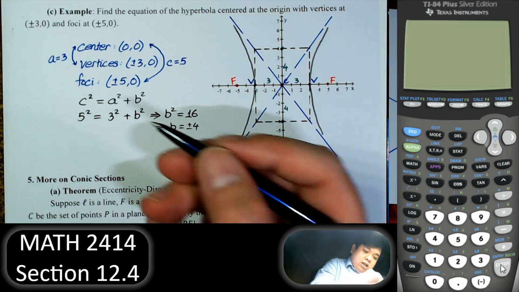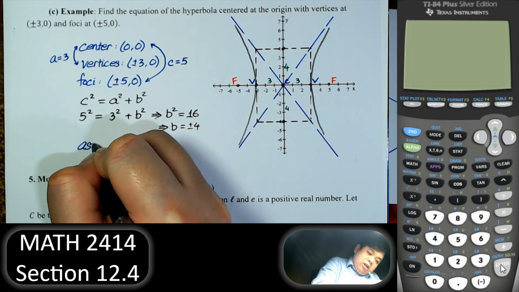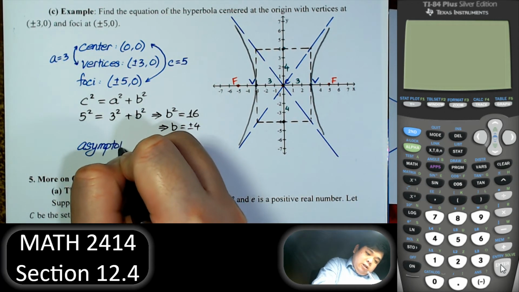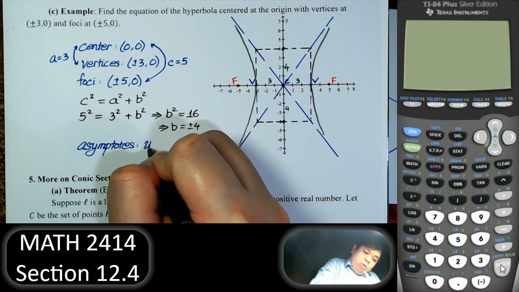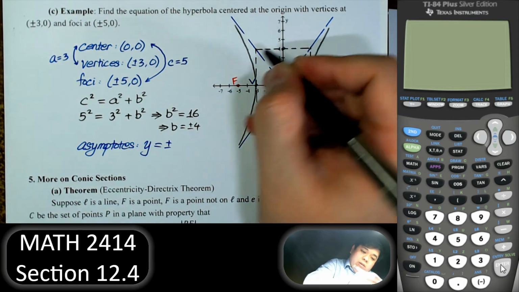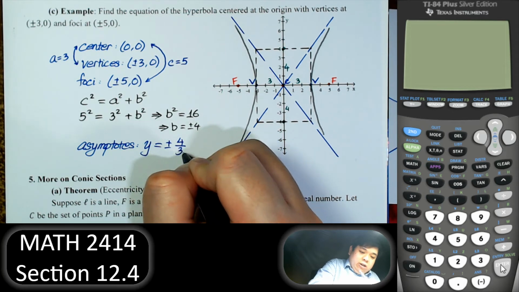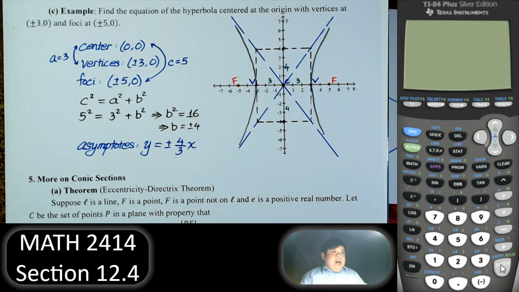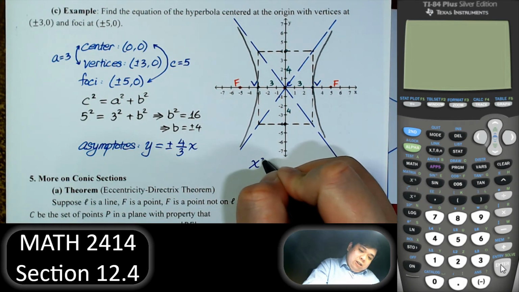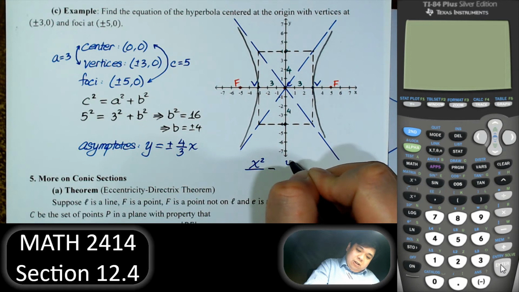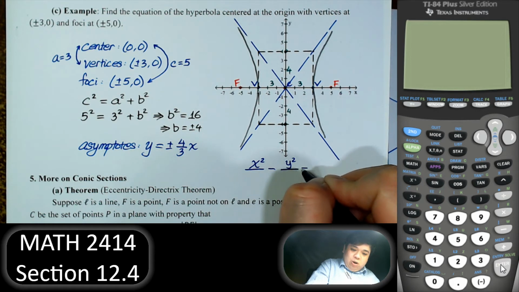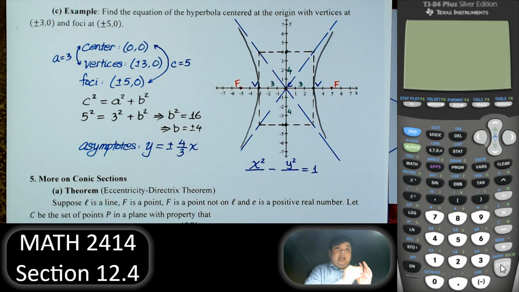And if we want to write the equation of the asymptotes, y equals plus or minus 4 up, so rise over run. So I have the equation of the asymptote as well. Those are all the information. After all, what is the equation? This is horizontal, so we start with x squared minus y squared equal to 1. If it is vertical, we start with y squared minus x squared.